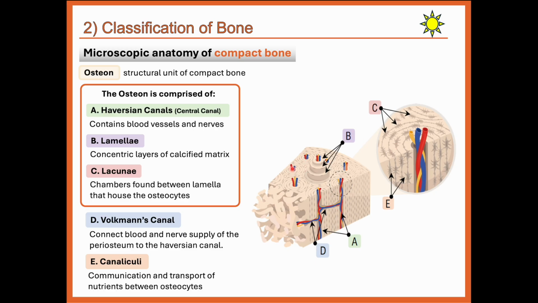Do you see in the middle of each circle, you see these red and blue and yellow little pipes coming out? They run down the whole middle of this osteon, in the central part. So what are they? The red and the blue, they're arteries and veins, they're blood vessels, because we know that bones do have blood vessels that go to them. You need to feed all of these bone cells.